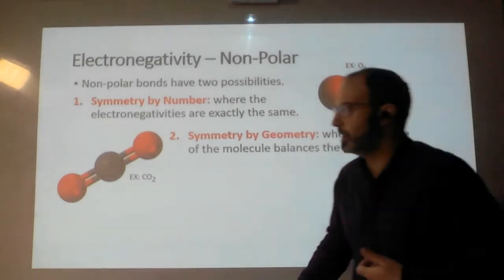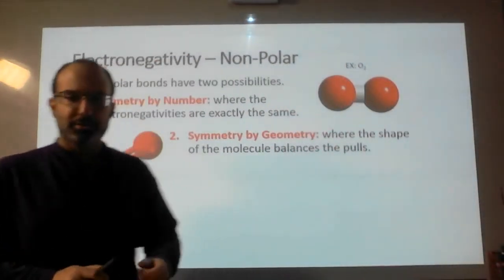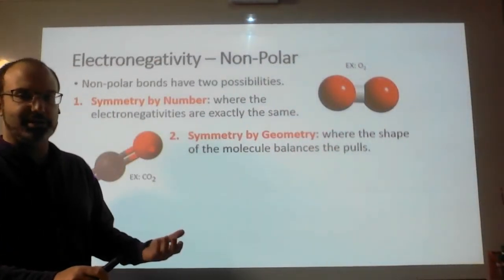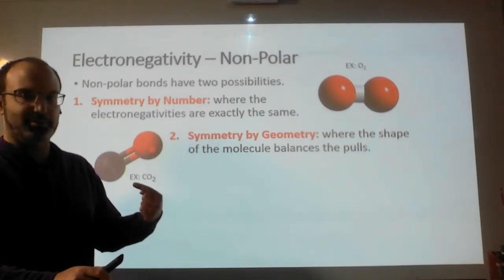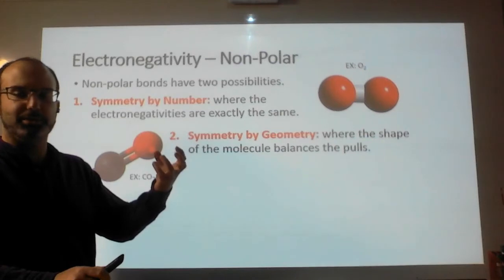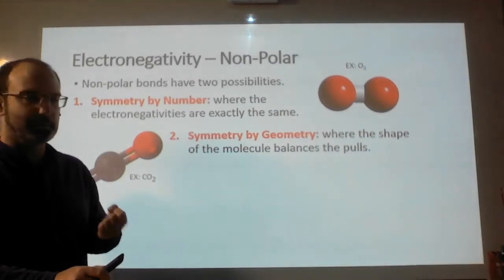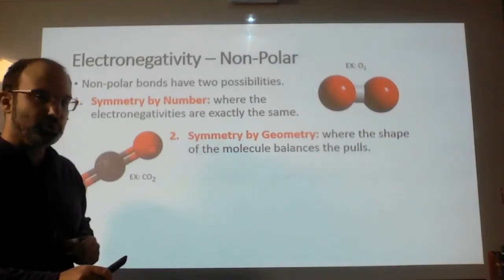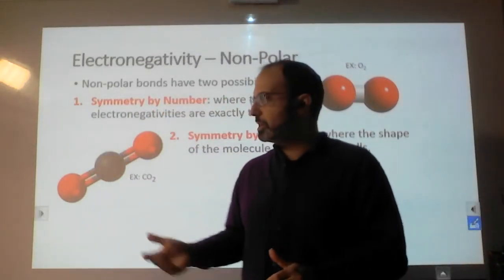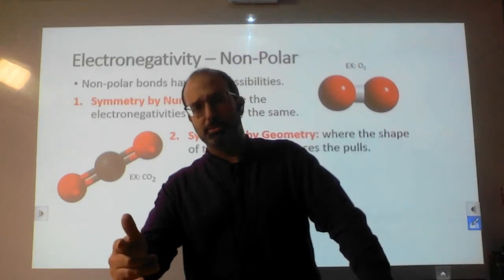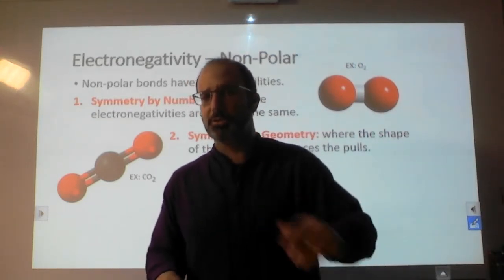So by itself, if there was just carbon with no other oxygen, so if it was just this, carbon monoxide, this oxygen would pull way stronger than this carbon. So the electron would be hanging out over here with this oxygen, and this would be a polar bond. But there are two oxygens here. So it's almost like, you know, the first oxygen came in and is like, carbon, my friend, you need to give me your electrons.